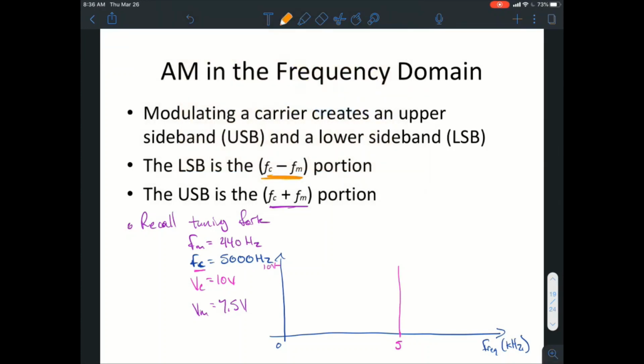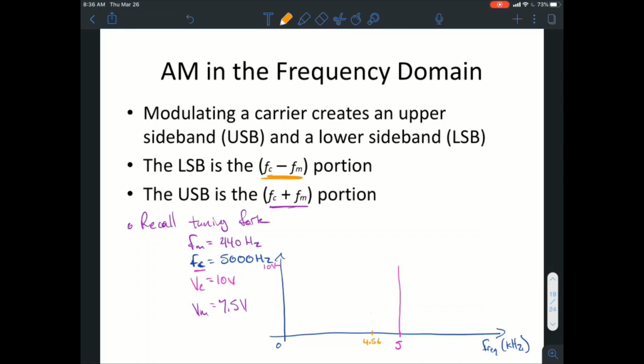Now we're going to draw in that lower sideband. That lower sideband we'll do in orange. We're minusing 440 hertz, and that's going to give us, and we're not going to keep this to scale, but we'll say that this is right here, that's 4.56 kilohertz, and that's going to have a height, in this case, because we're taking V sub m over 2, of 3.75.